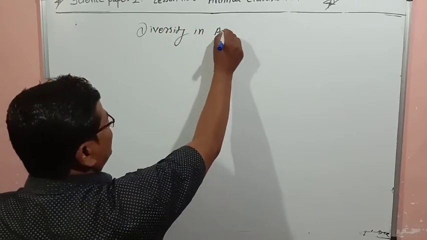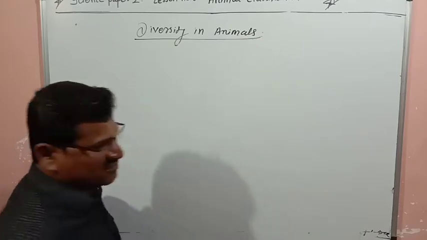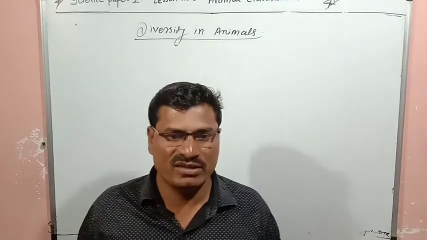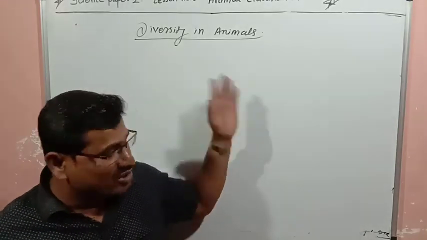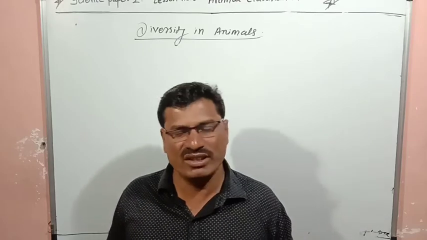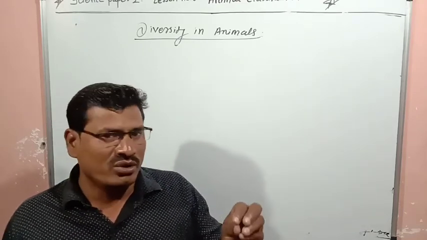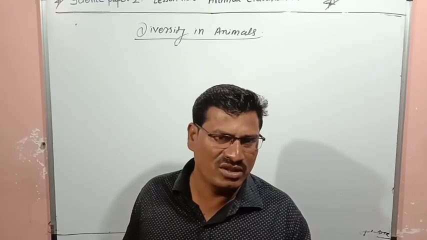Diversity in animals. Innumerable animal species are there on the earth. In diversity in animals, we are knowing that various kinds of animals are present on the earth.